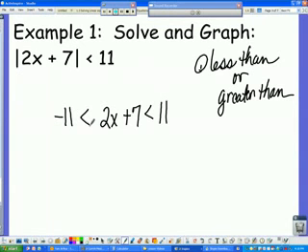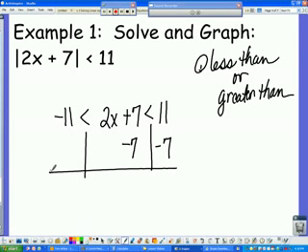Okay? And then we solve it like we did the other day with compound inequalities. So the opposite of a positive 7 is a minus 7. And if we do it on this side of that boundary line, we have to do it on this side of that boundary line. And if we subtract 7 on this side, we have to subtract 7 on this side. So negative 11 and a negative 7 gives us negative 18.